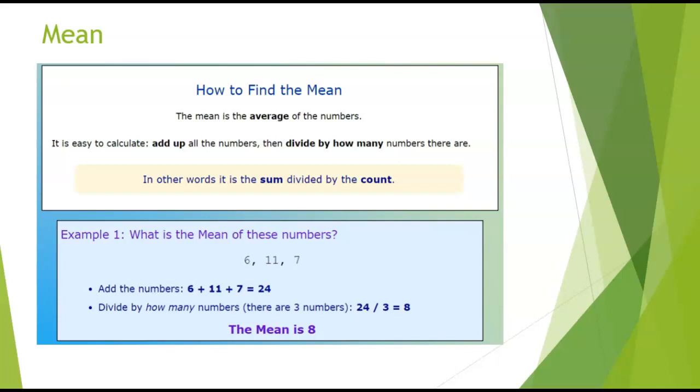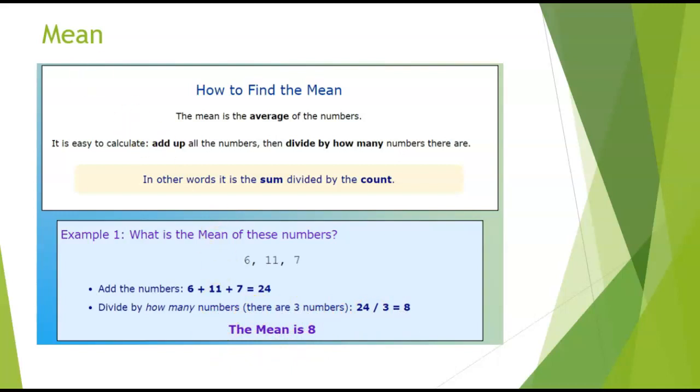Then you divide by how many numbers you added together. So you have 1, 2, 3. So those are three numbers. So you take the 24 and you divide it by 3 and you get 8.